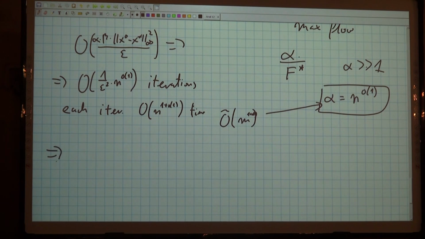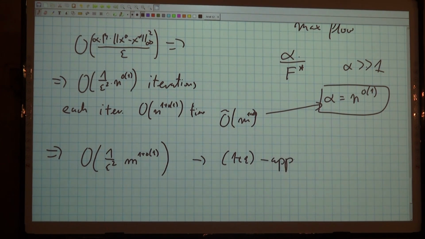But that's okay. We have just these two terms, but they are something we can totally handle. So we get a total running time of 1 over epsilon squared times m, essentially close to linear, and this gives us a 1 plus epsilon approximate max flow.